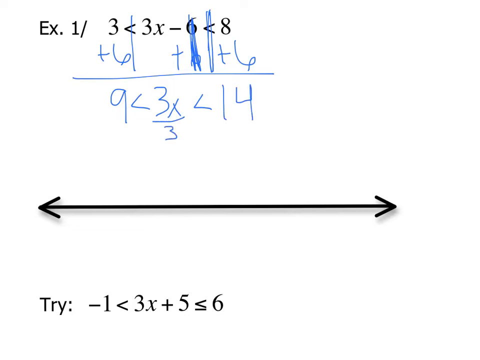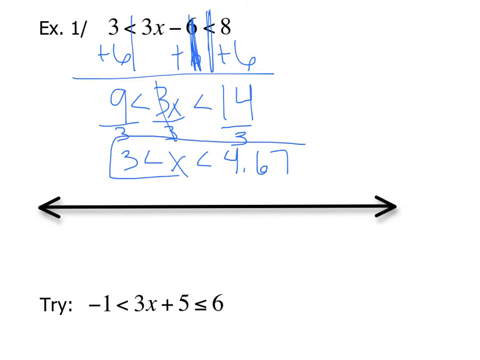Divide by 3, divide by 3, divide by 3. 9 divided by 3 is 3. So I have 3. These cancel. x, inequality. And then 14 divided by 3. Again, when you have a fraction that doesn't go into it evenly, it's best to change it into a decimal, which is 4.67.